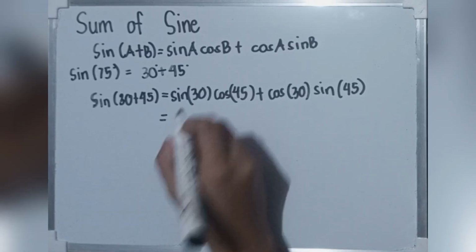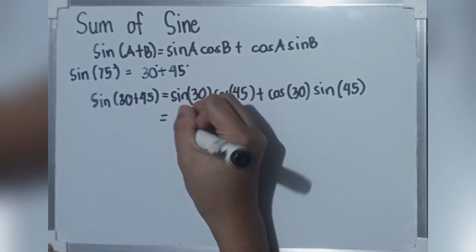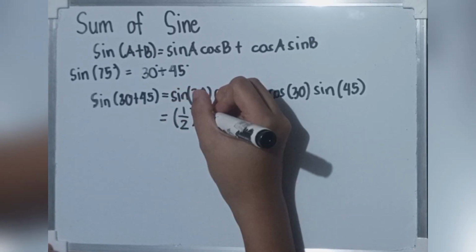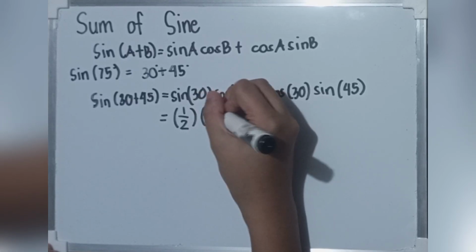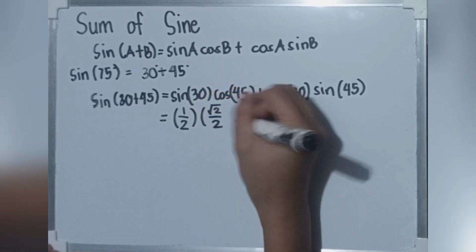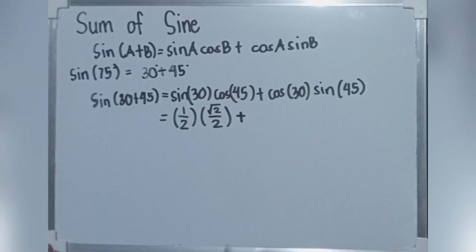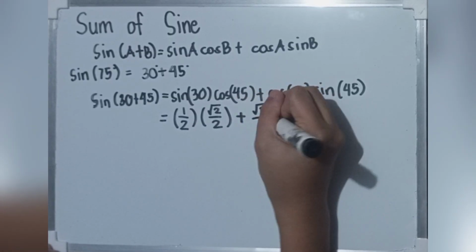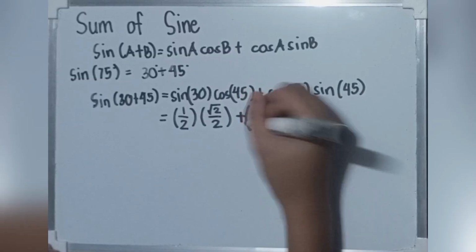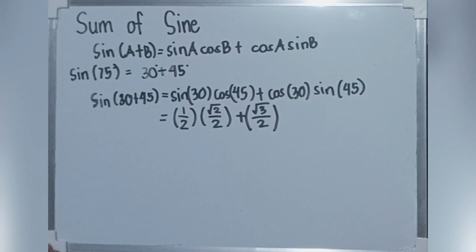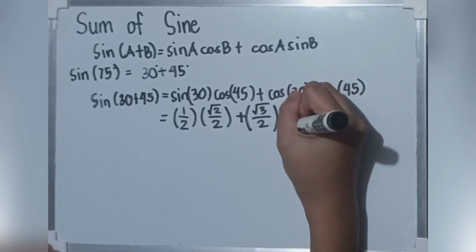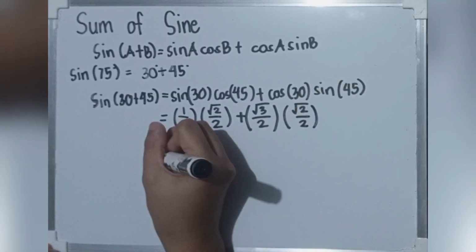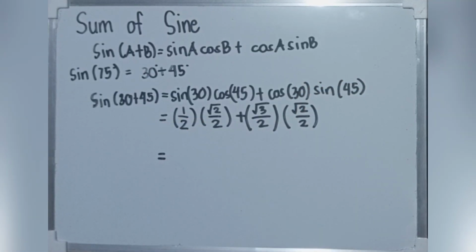So sine 30 is equivalent to 1/2. Next, the cosine 45 is equivalent to square root of 2/2, and plus the cosine of 30 is equivalent to square root of 3/2, and the sine 45 is equivalent to square root of 2/2.